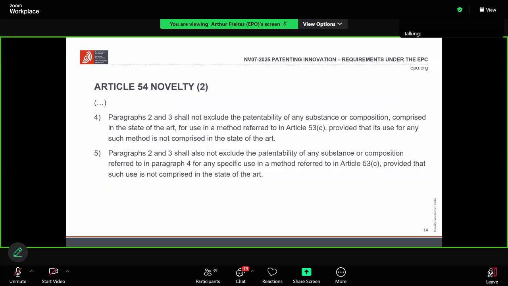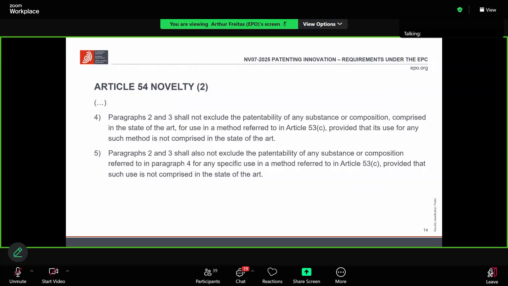All right, so then we have Article 54.4 and 54.5. Article 54.4 is essentially what we talked about: the first medical use of a known substance. Let's not talk about minoxidil anymore. Let's talk about aspirin. Aspirin was well known from the 1900s, and the composition of aspirin was already well documented.